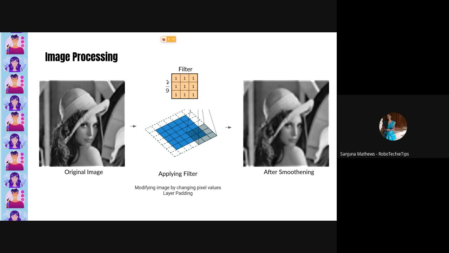Since it is 1 by 9, we will get an average pixel considering the neighborhood of a pixel. So when we move the filter from one pixel to another, at each point we get an average value considering the neighborhood values, and it will be replaced.